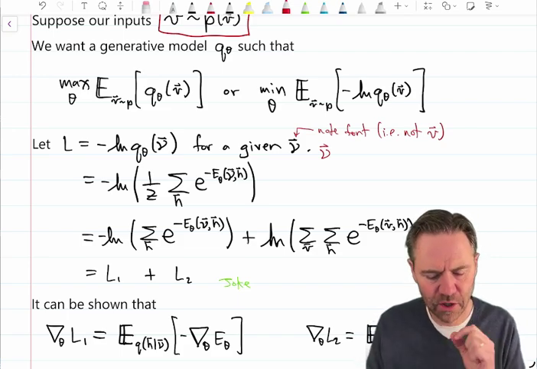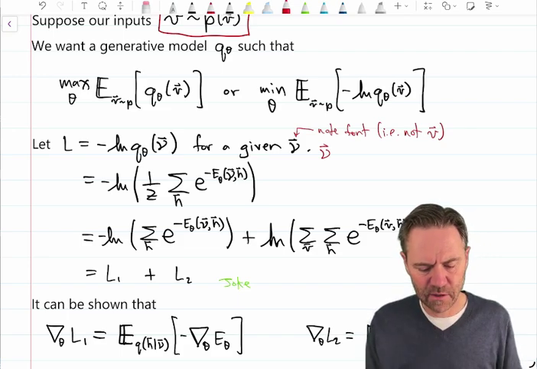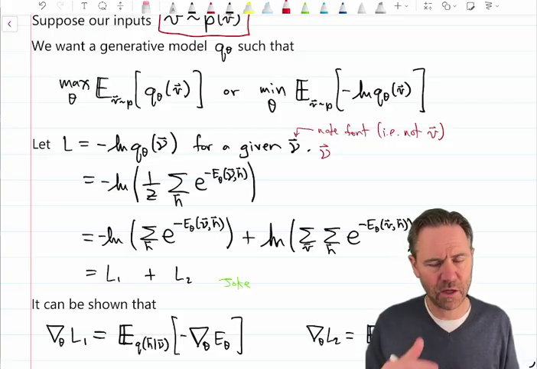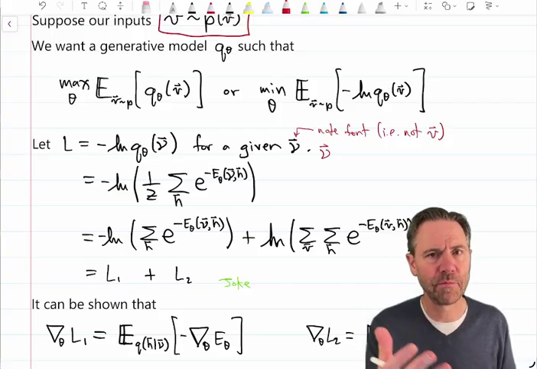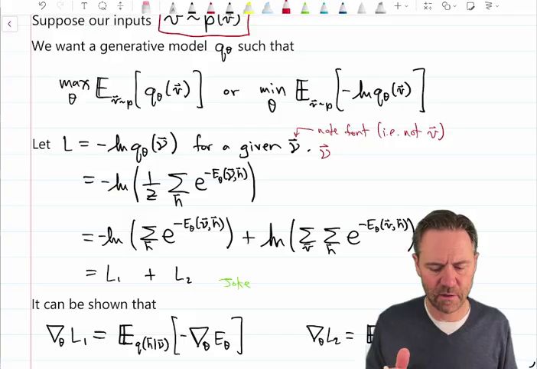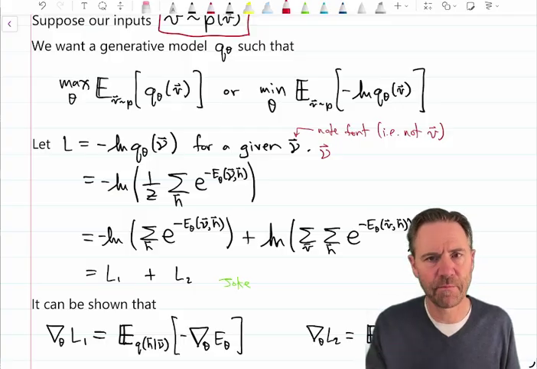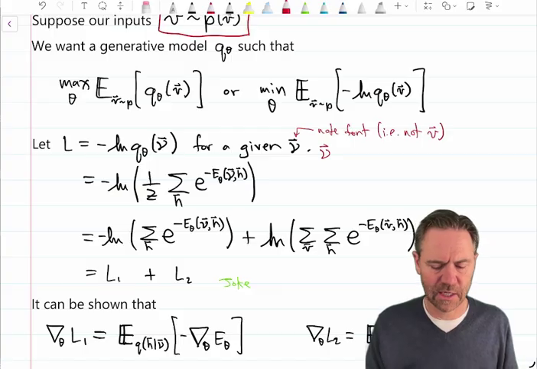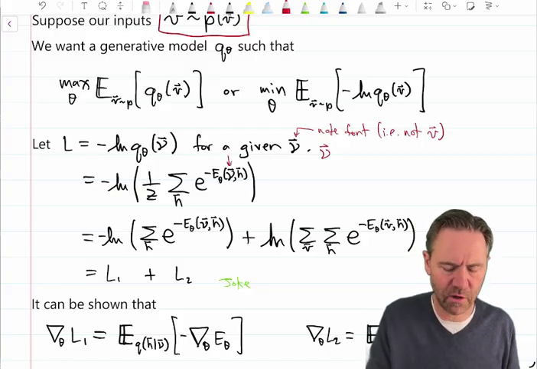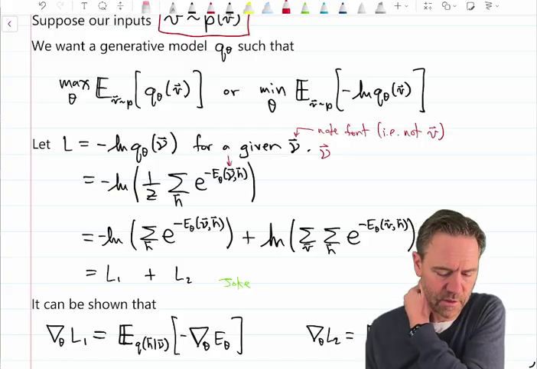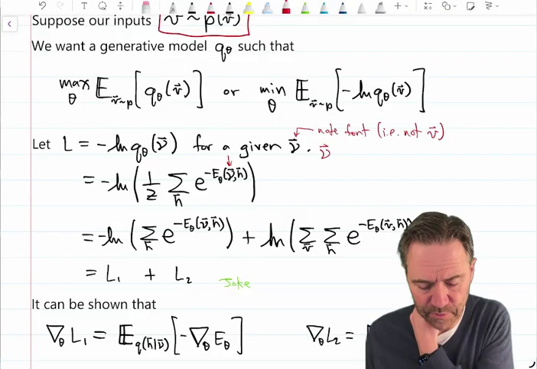Now we will replace the Q sub theta with our Boltzmann distribution. Q is basically representing the probability of observing that particular visible state. So we plug that visible state into our Boltzmann distribution.